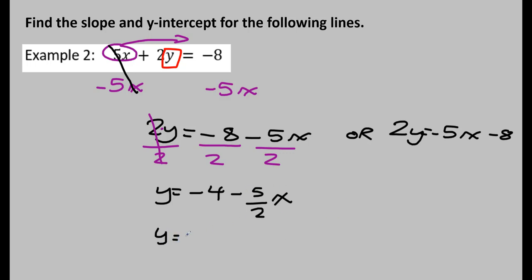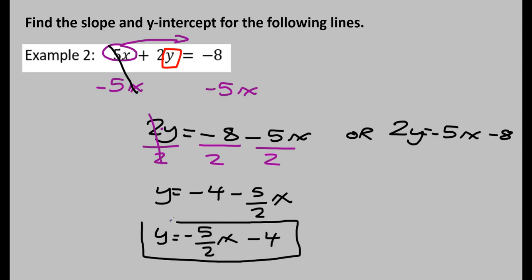And then I'm going to rewrite the order. So it's negative 5 over 2x minus 4. That's my slope y-intercept form, and it's rearranged, which is great. So therefore, the slope is negative 5 over 2, and the y-intercept is negative 4.